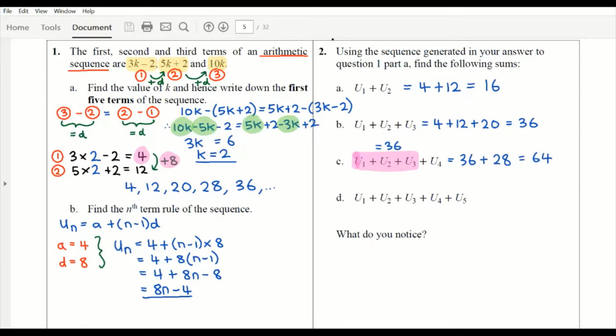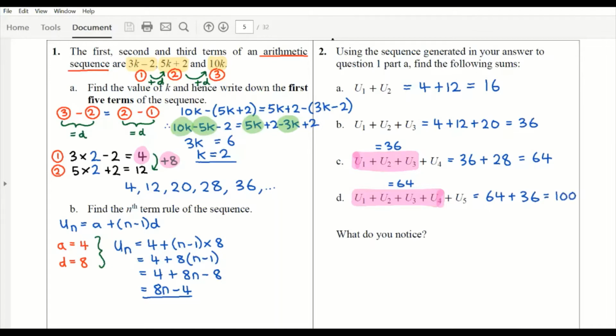These answers do look interesting, don't they? So we have 64. And once again, we've just worked out the sum of the first four terms. So all I need to do is add the last term that I've written out. So I have to do 64 added to 36. Ah, right.